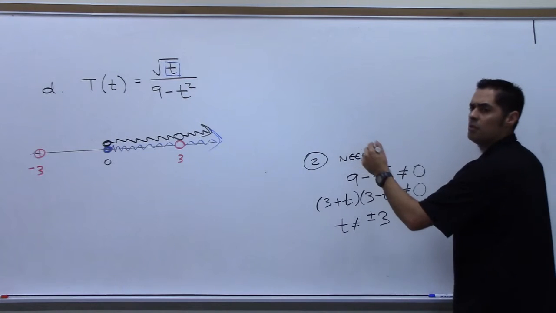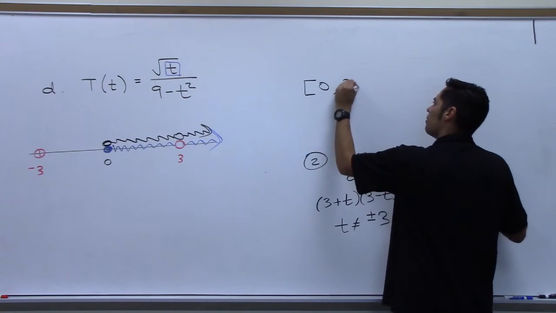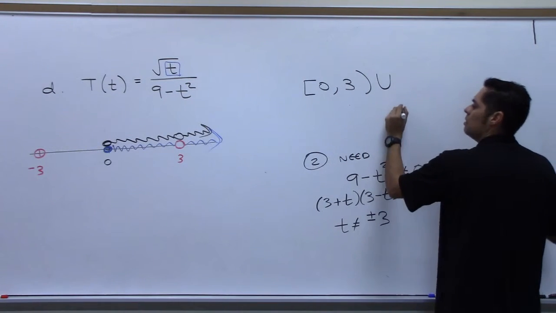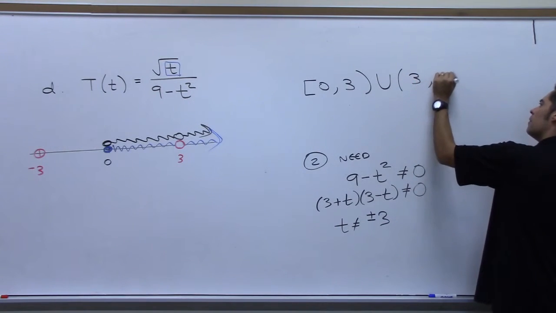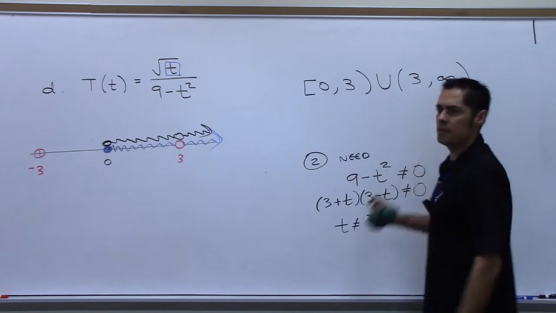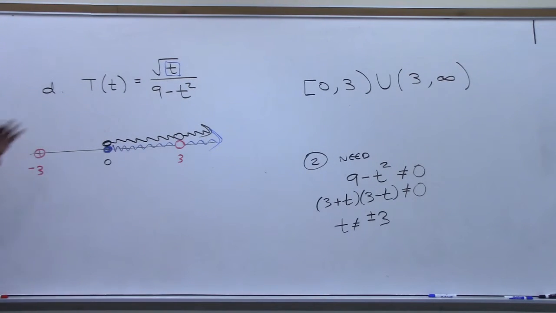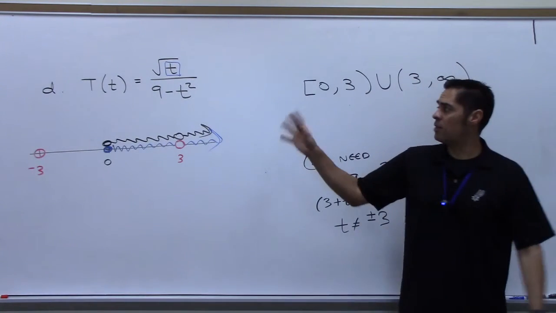Bracket 0, comma, 3, parenthesis, union, parenthesis 3, comma, infinity, parenthesis. That's it. That's your domain. As long as you pick a number from there, this function's in business. If you pick a number that's not in there, the function's going to fall apart.